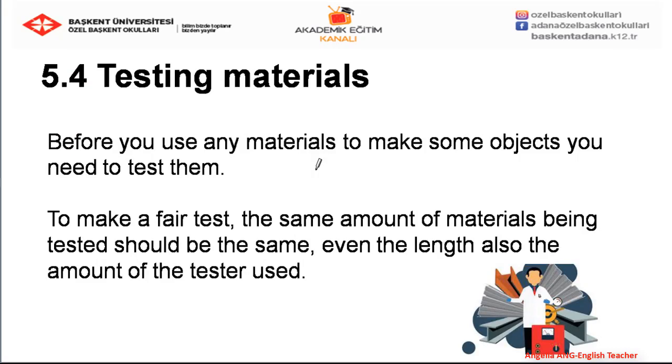5.4 Testing materials. Before you use any materials to make some objects, you need to test them. To make a fair test, the same amount of materials being tested should be the same. Even the length, also the amount of the tester used.